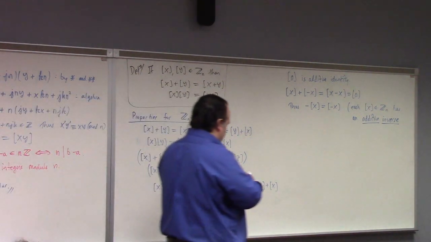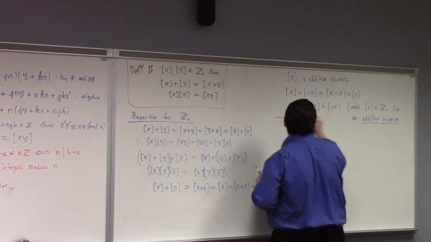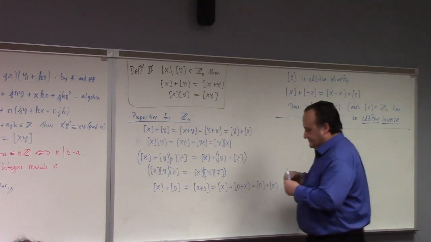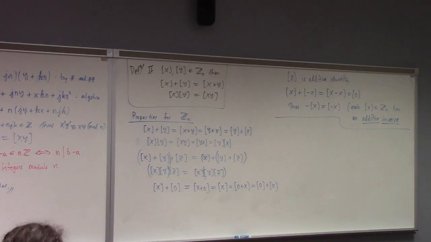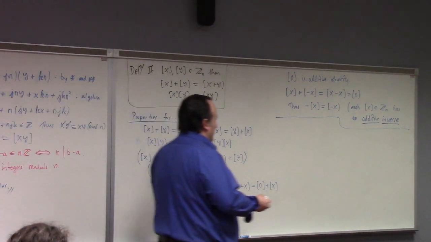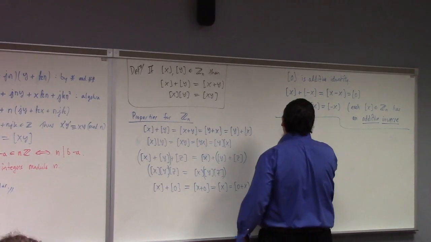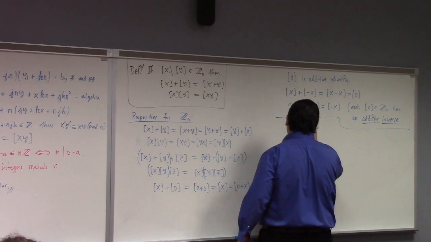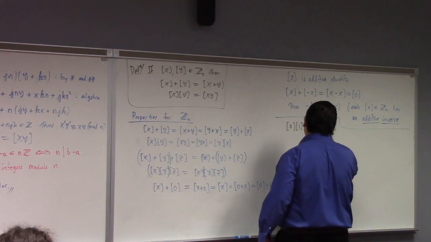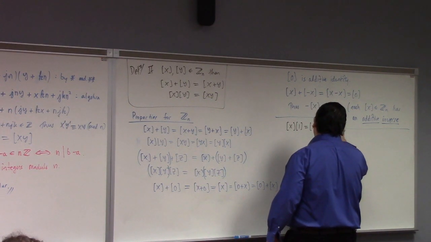There's also a multiplicative inverse. What's that? Do we always have a multiplicative identity in Zn? Well, we always have a multiplicative identity in Zn. What is it? 1. So if I take the equivalence class represented by x times the equivalence class represented by 1, lo and behold, I get x times 1, which is equal to x.